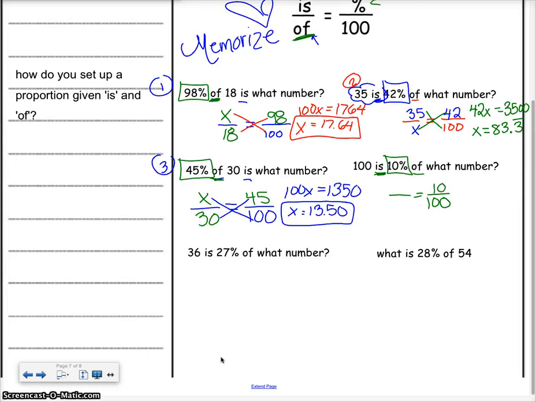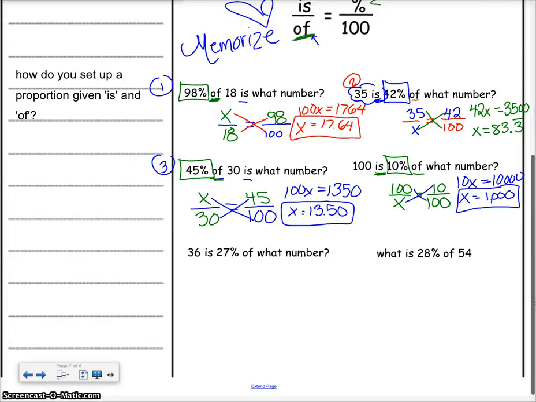So my 100 is the is, and that goes on top. So I'm looking for my of on the bottom. Do the cross product. 10x equals 100 times 100 is 10,000. Okay, and then I need to divide. So 10,000 divided by 10 is 1,000.